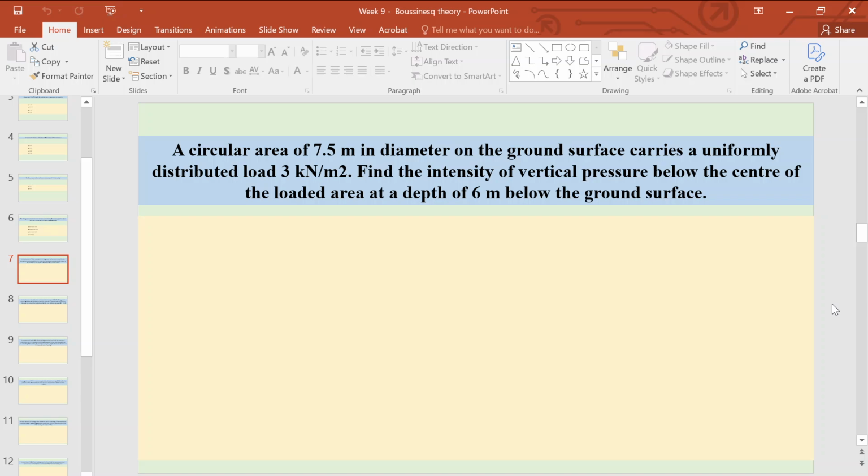Please note the depth is given as 6 meter, to find out the vertical pressure below the center of the loaded area.